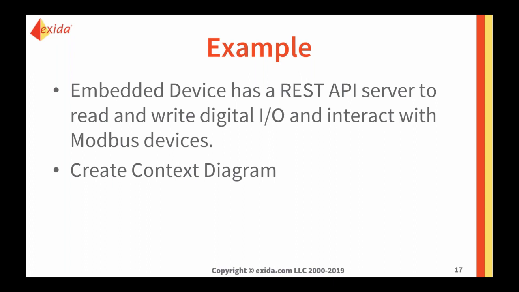It's a very common thing these days to have a REST API server in your industrial control devices. It's an easy way for users to operate the device, and it allows more generic access. But of course, with those two things, it means that you have security issues that you hadn't had before.